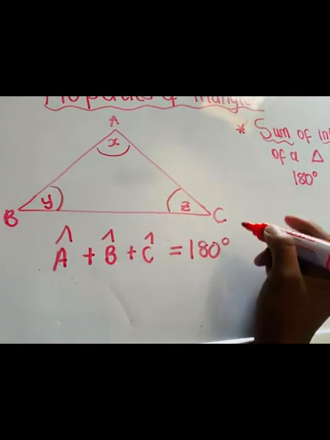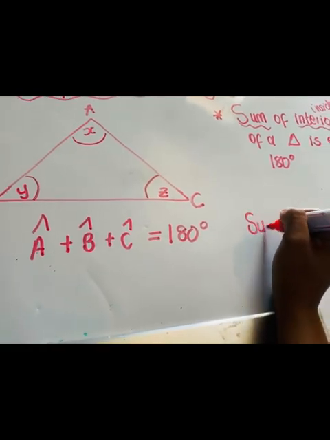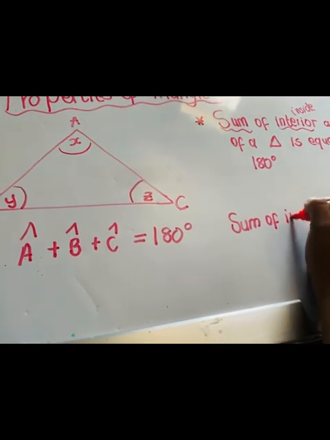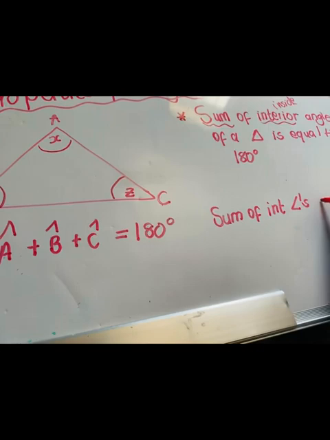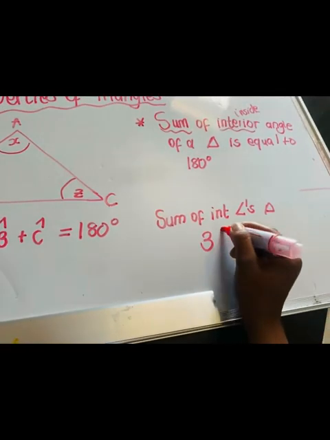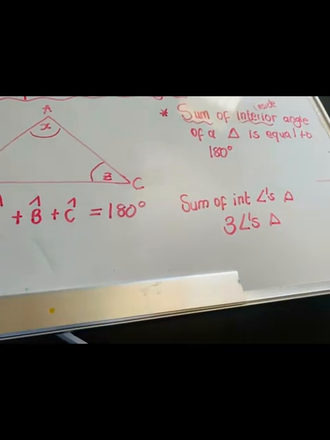Now, how do we write our reason? Our reason is sum of interior angles of a triangle. Other teachers use 3 angles of a triangle. You are correct.